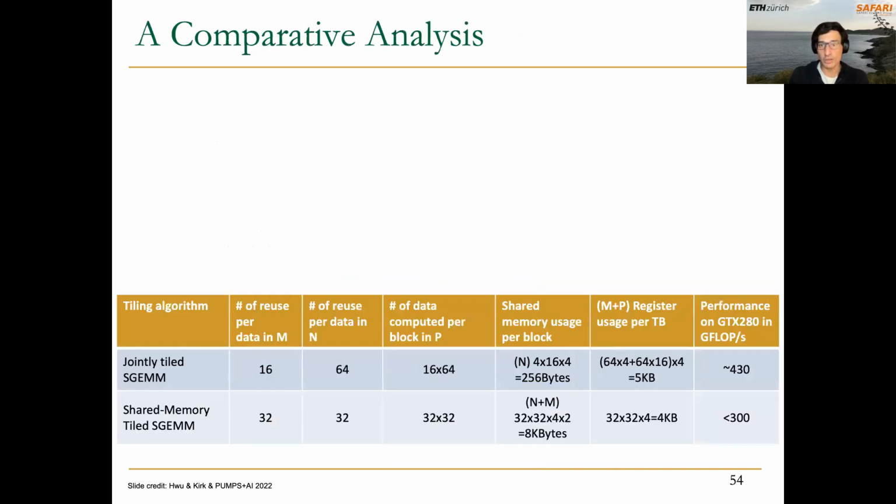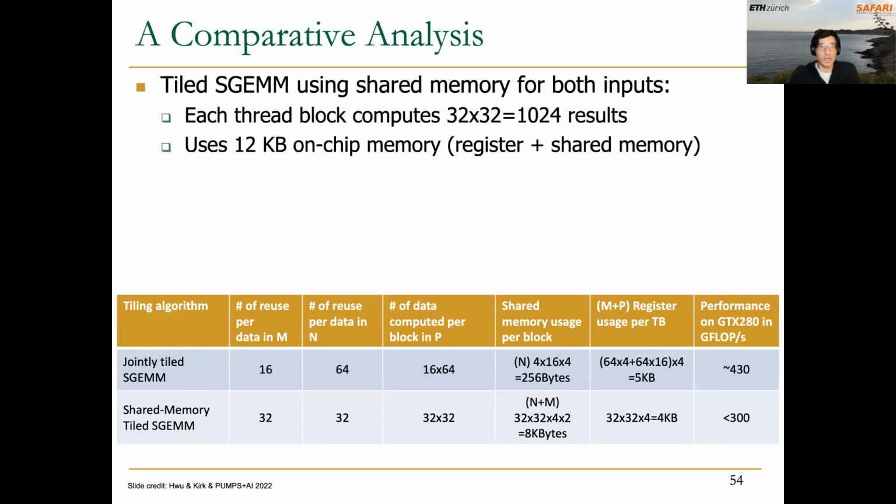We can compare this implementation with the joint register shared memory tiling, the tiled SGEMM that we initially explained in this course for matrix multiplication, where both tiles go to the shared memory and are used there.